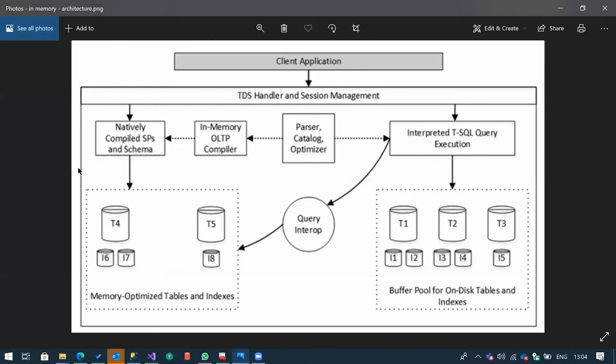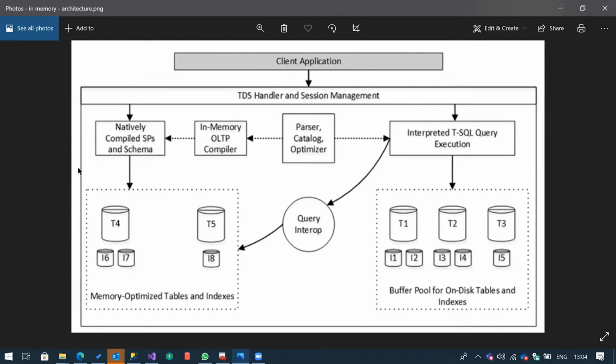So you can see, on the left-hand side is the natively compiled stored procedure. A natively compiled stored procedure only works with in-memory OLTP tables, because the way the table is designed is completely different. Again, we have rows, we have at least one index, we have an index chain, which only works in one direction.